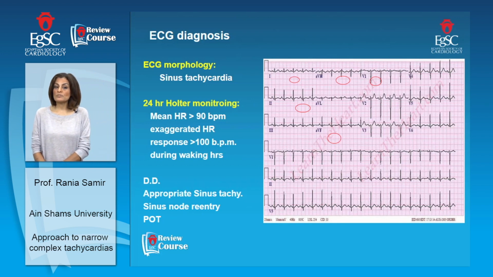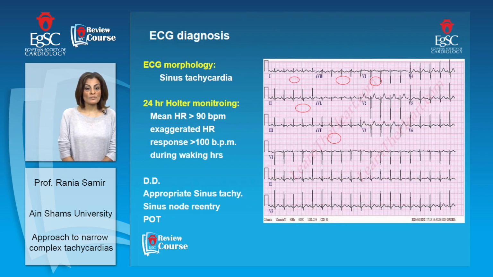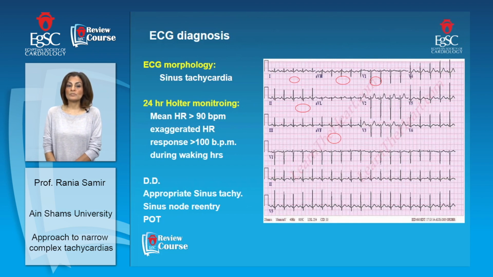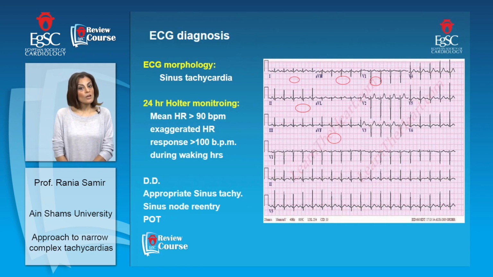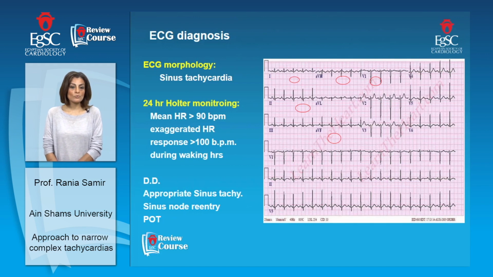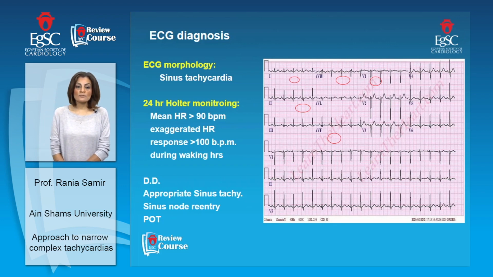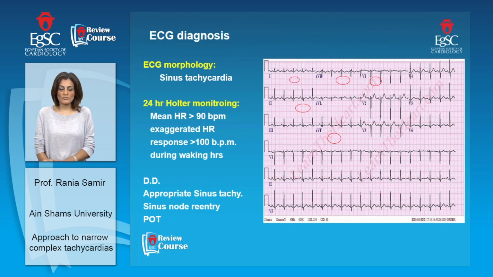It's very important to know the differential diagnosis of inappropriate sinus tachycardia. The most important is appropriate sinus tachycardia that has a real physiological or pathological cause, such as anemia, thyrotoxicosis, or fever, or sinus node re-entry. In sinus node re-entry, the patient will come complaining of an unexplained sinus tachycardia.